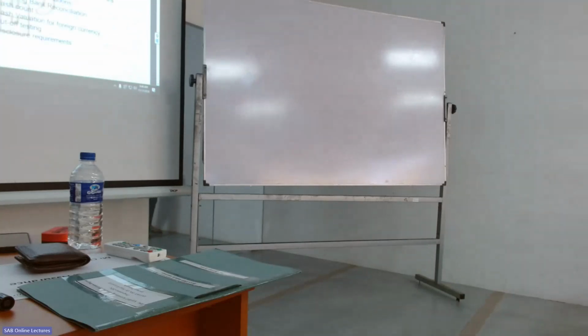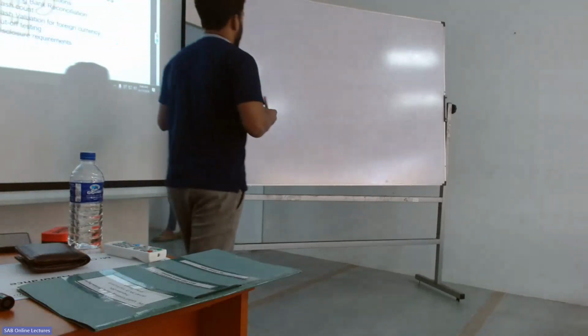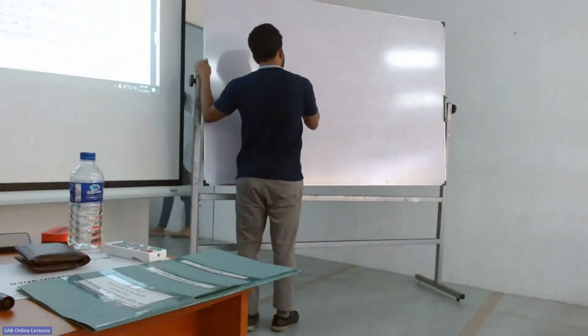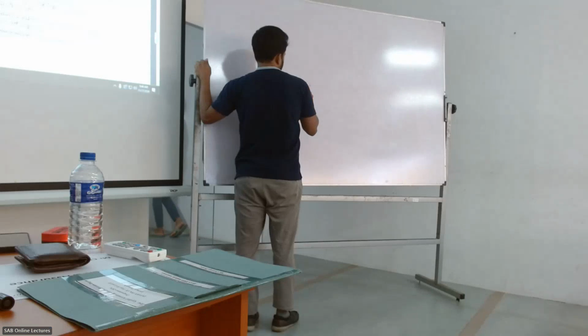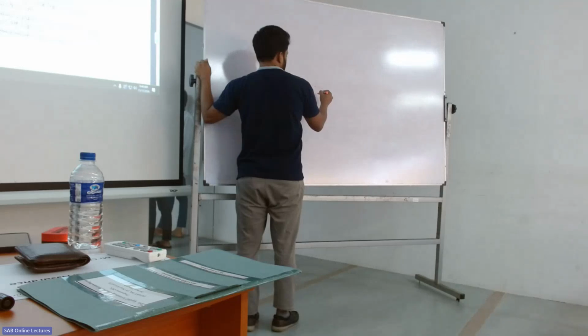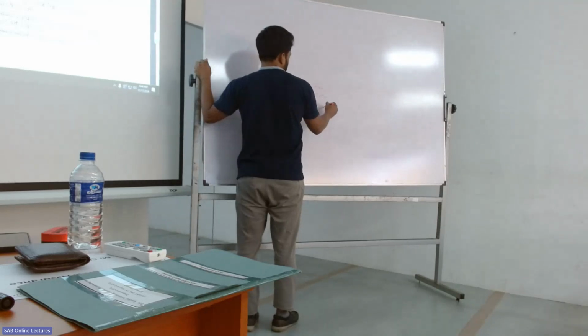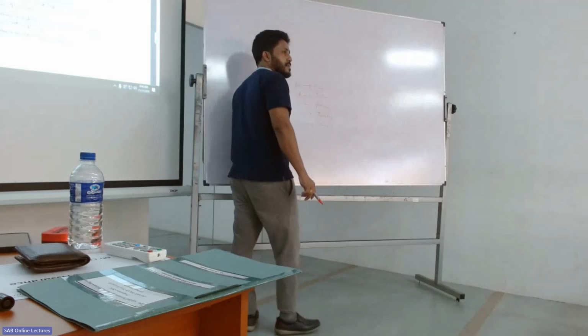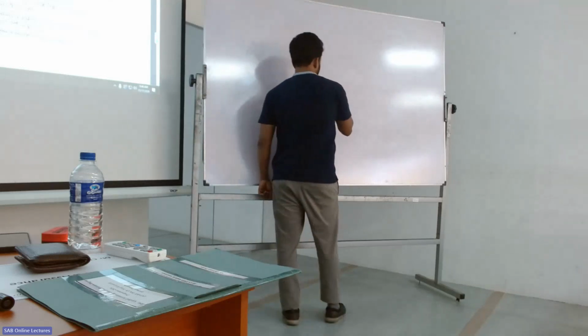So all the assets are done. We have discussed non-current assets, current assets, fixed assets, intangibles, receivables, inventory, cash, all the balances.